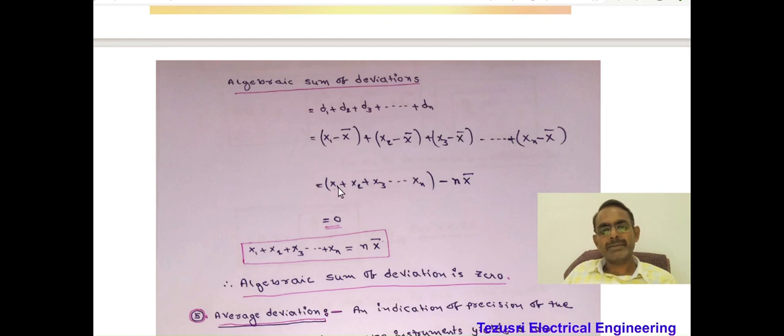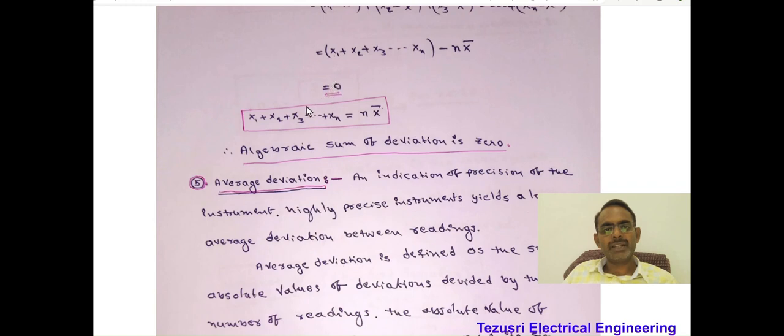So like this, we summarize: x1 plus x2 up to xn minus number of samples times arithmetic mean. It is equal to 0. That means sum of all readings equals number of samples times arithmetic mean. That means algebraic sum of deviation is 0.